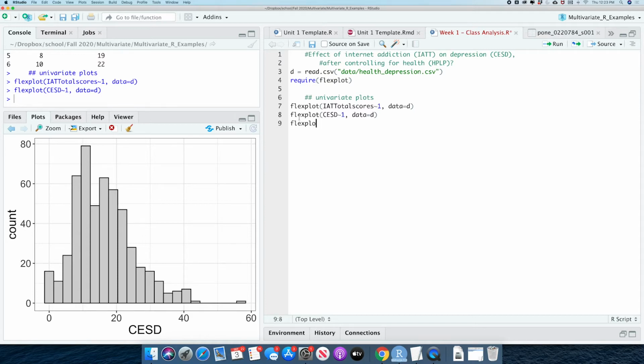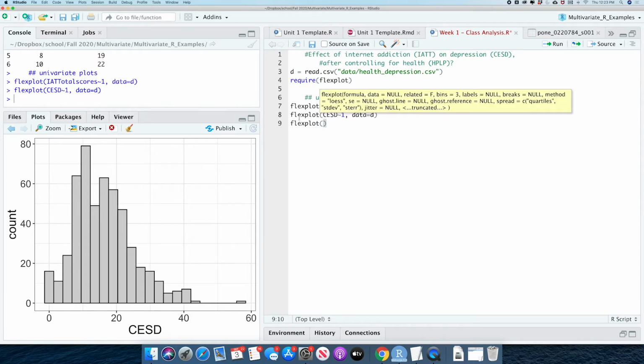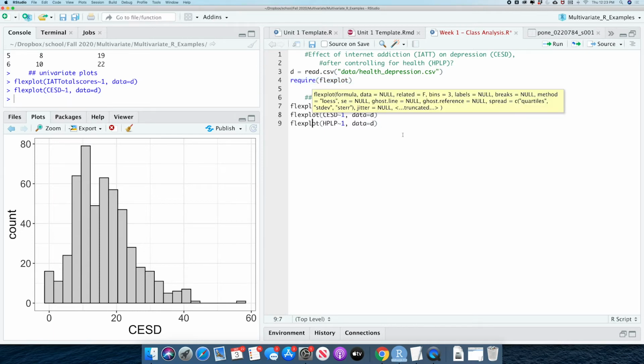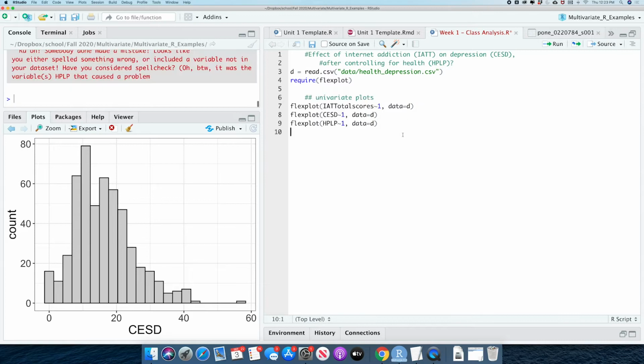Then in flexplot, we're going to do HPLP tilde 1 data equals d. And I just thought of something. If you are following along at home, make sure that you require flexplot. Flexplot is the package I developed, and these aren't going to work unless you load it. HPLP is just a total score of their health behaviors.